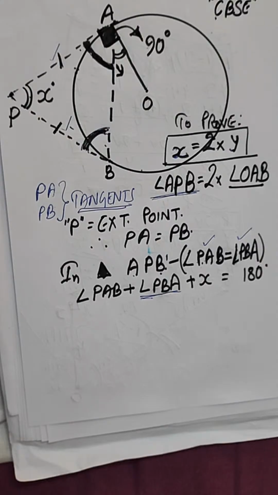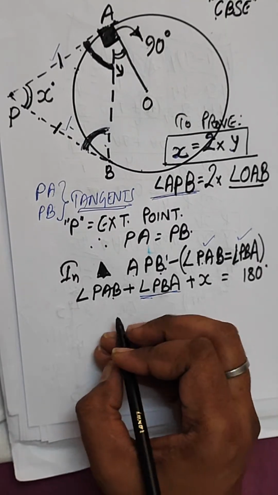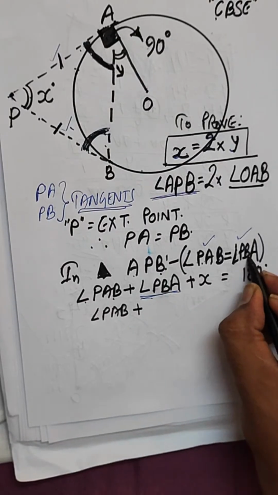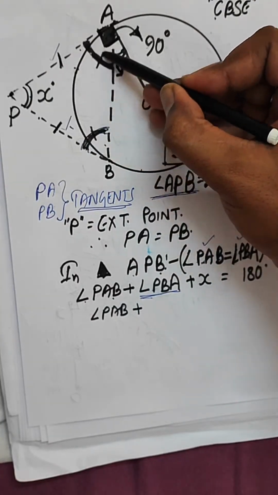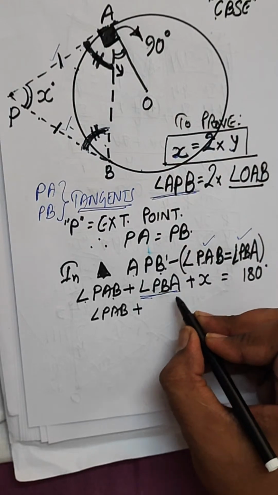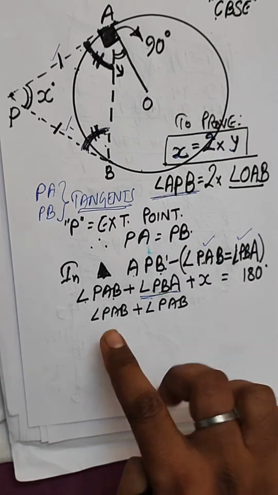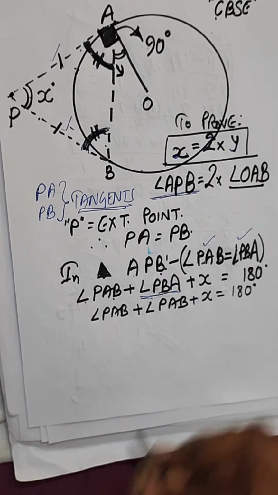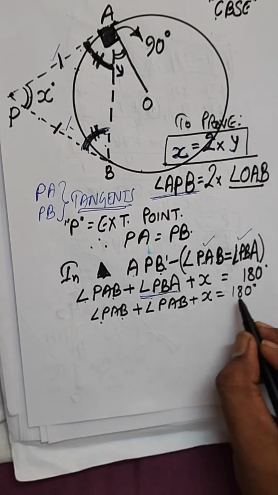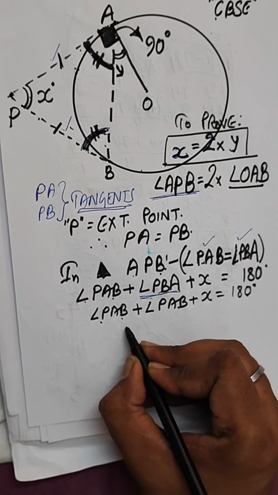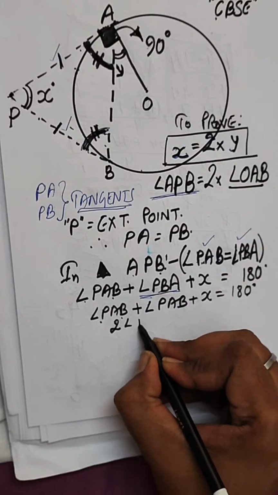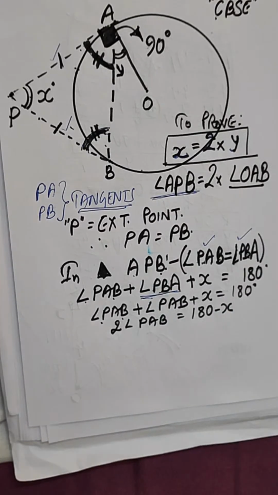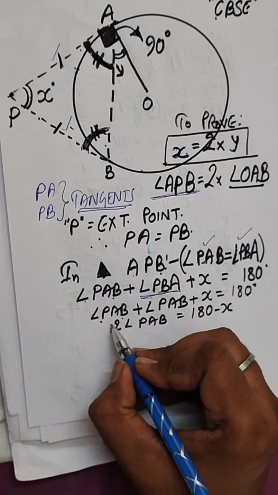So PAB is coming two times, plus X equal to 180 degrees. This gives 2 times angle PAB is equal to 180 minus X. This is one of the relations we derived.